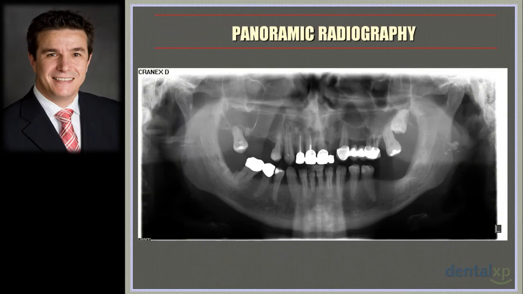Let's move to another type of image, a well-made panoramic radiograph, which is a very popular diagnostic image widely used in dentistry. Let's suppose that our concern is implant placement on either side of the maxilla or evaluation of the maxillary sinuses for possible sinus grafts.